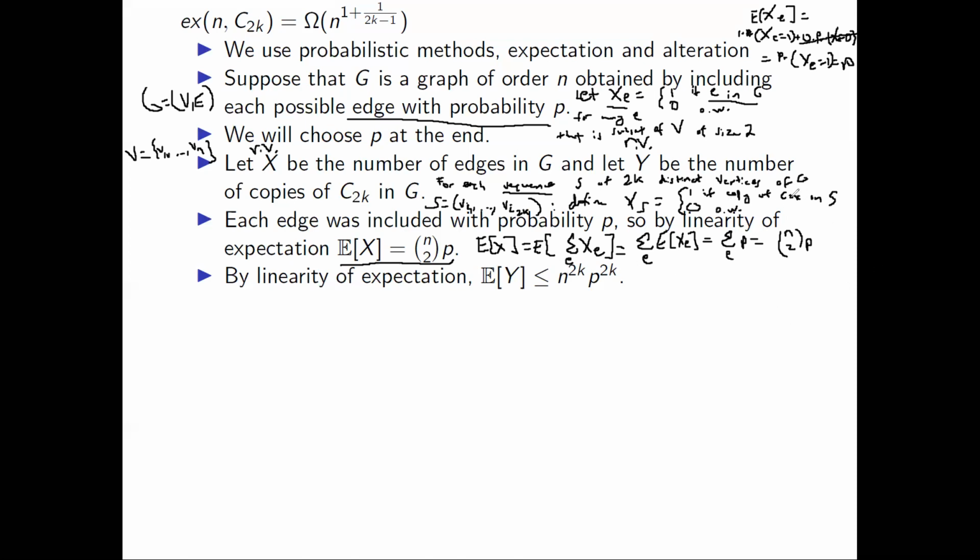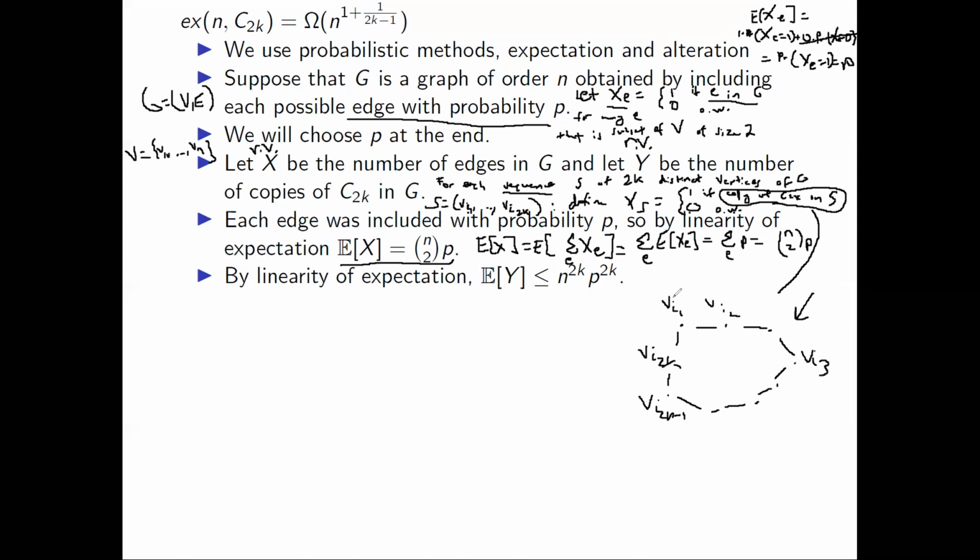I just want to clarify what I mean by a copy of C2k on S. I'm talking about a C2k where we have the edges VI1, VI2. So here are our vertices, and then the last one is VI2k right here, next to VI2k minus 1. These are all distinct vertices. And so we let Y sub S equal 1 if we have this subgraph on these vertices.